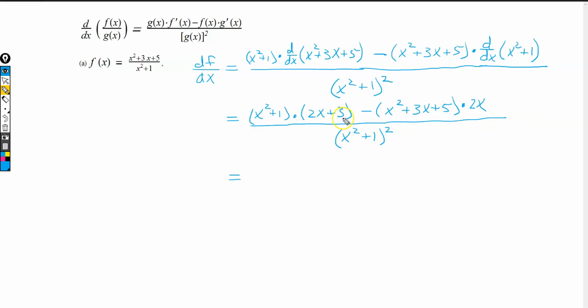Now we can simplify this a bit. We can FOIL this out, distribute the 2x, combine like terms in the numerator. Sometimes you'll see some cancellation occurring with what's left in the denominator down here. Sometimes. And so let's do that.